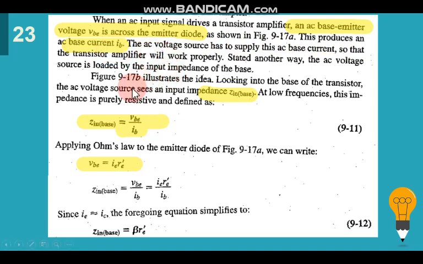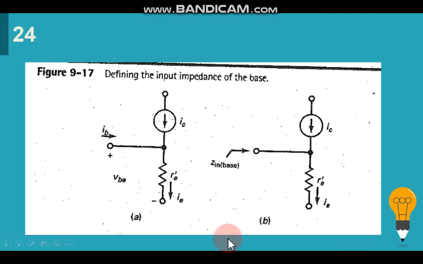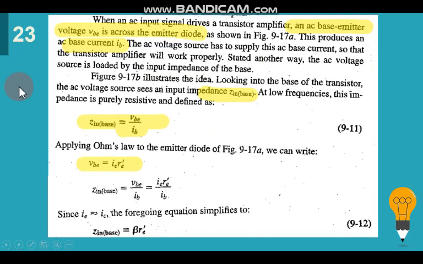If you look into figure 9.17b, from the input side, if we are applying this voltage and getting this current, then we can see some Z in base, that is the input impedance. The AC voltage source is loaded by the input impedance of the base. Looking into the base of the transistor, the AC voltage sees an input impedance Z in base.